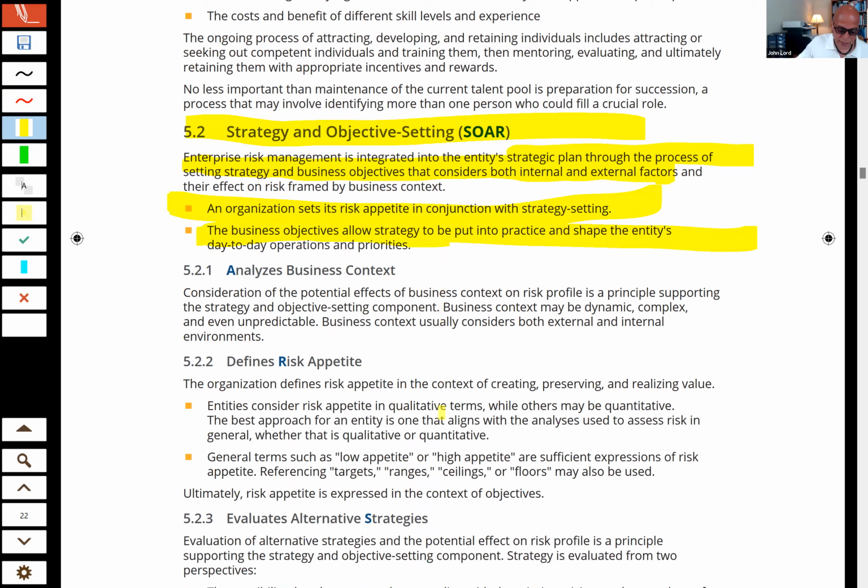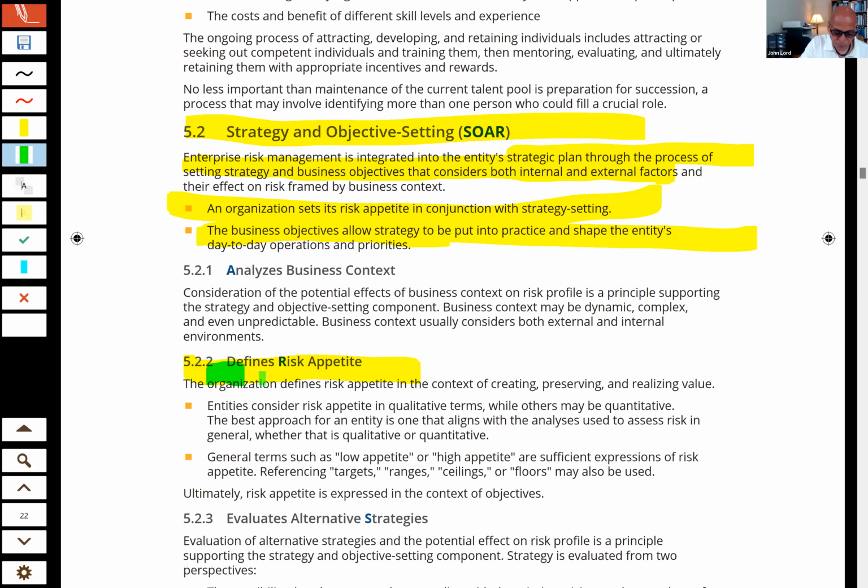Now, how do we define risk appetite? I'm not going to have you flashcard this because this is pretty self-explanatory. So I don't think you need to flashcard that, but you will see questions that ask about risk appetite.